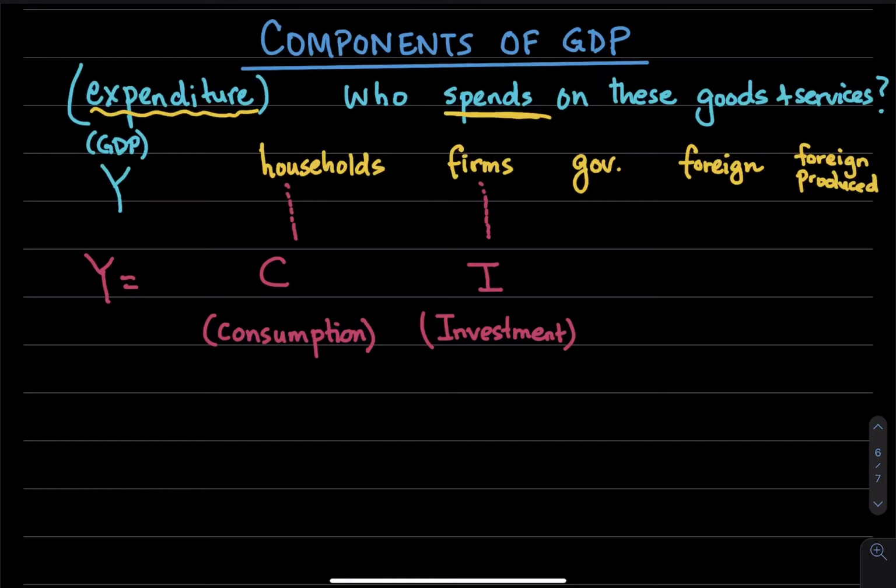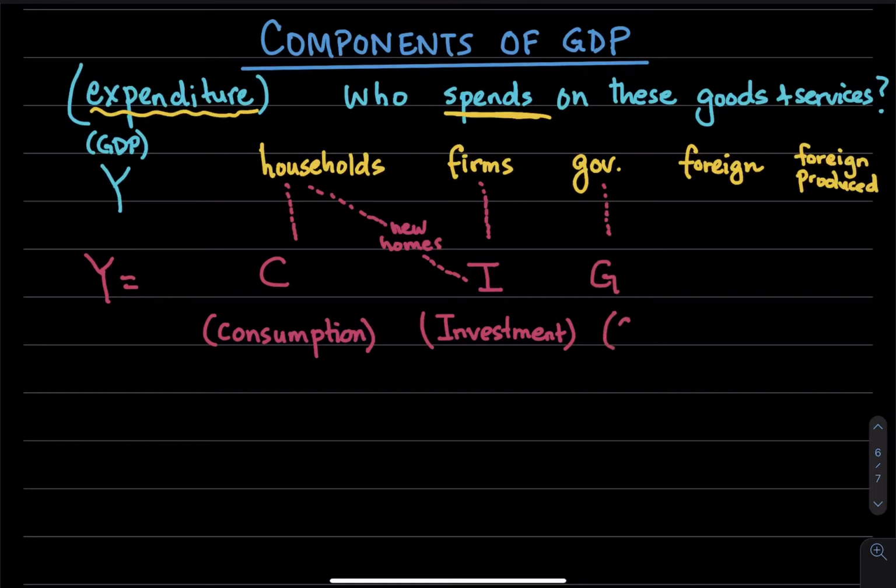Okay. Now there's only one little component of household spending that actually enters investment, which is the purchase of new homes. This is the only thing you want to keep in mind. And then finally you have governments that spend.